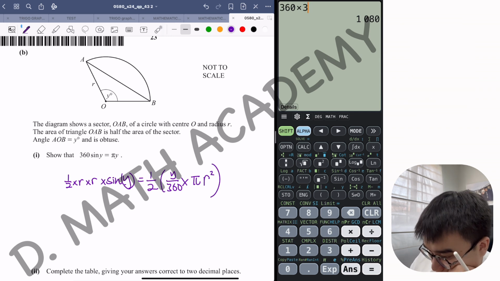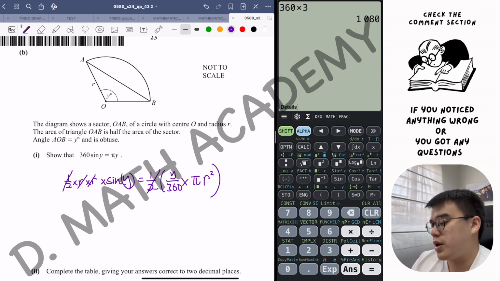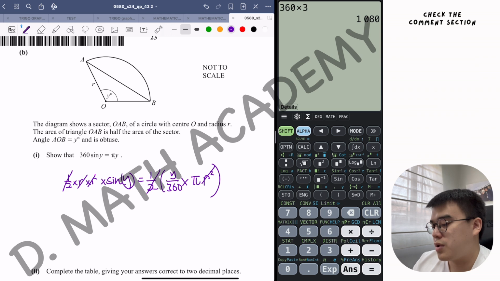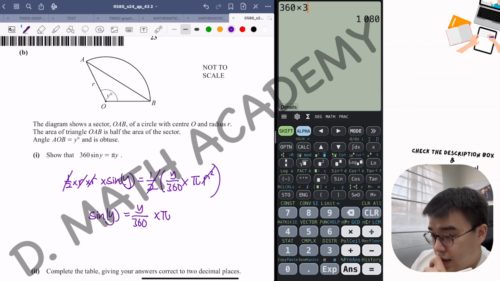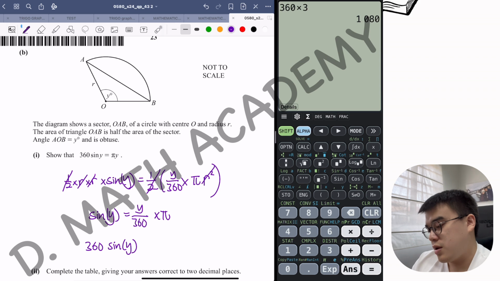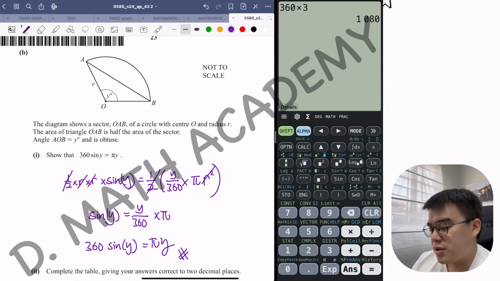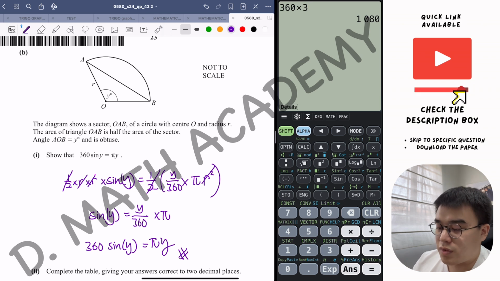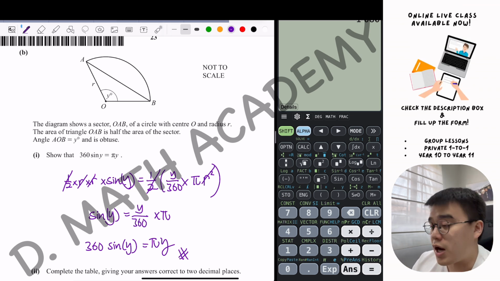Then as we continue, 1/2 and 1/2 will be gone. r squared and r squared will be gone. This is all I have left. And then when I shift away the 360 to the front, we managed to prove everything. Just so you know, everything that repeated will cancel off. That's why I cross off the 1/2 and the r squared there.